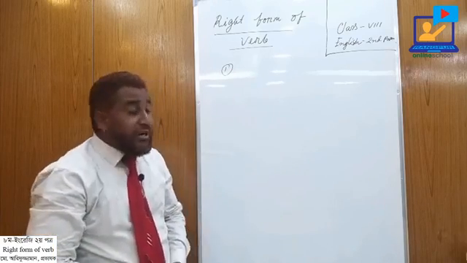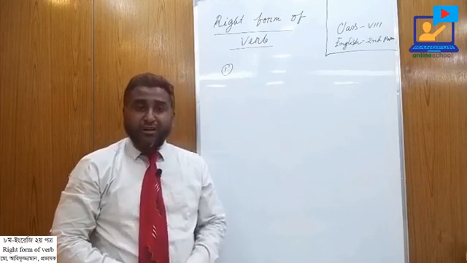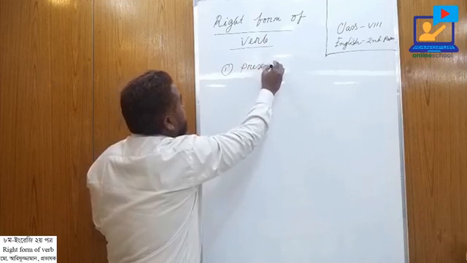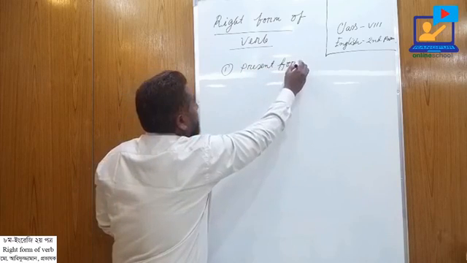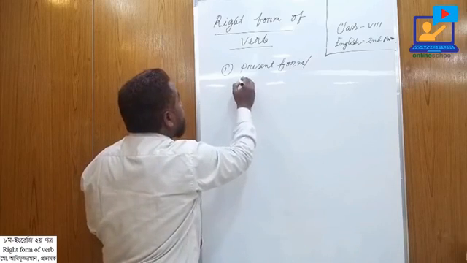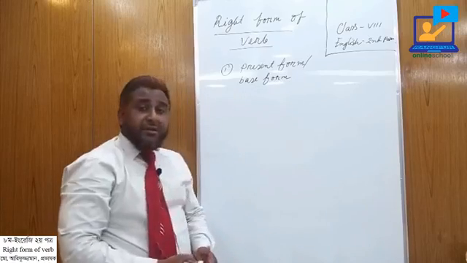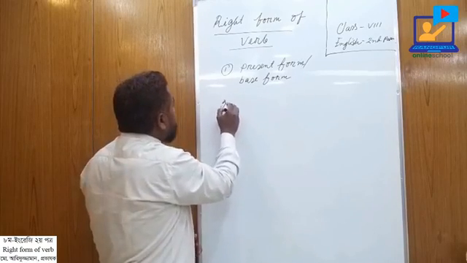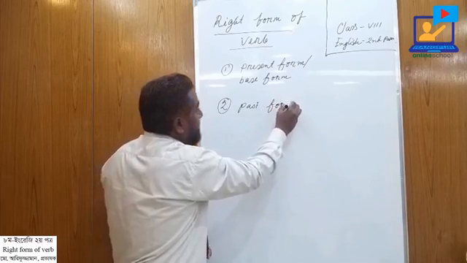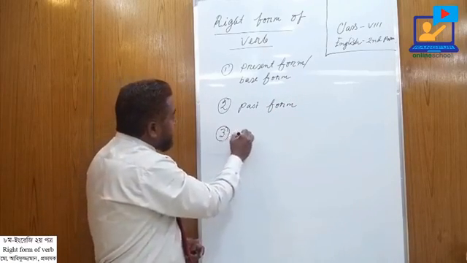Okay, dear learners, you know that there are 5 forms of verb. Number 1, present form. You can say it as base form also, present form or base form. Number 2, past form. Number 3, past participle form.